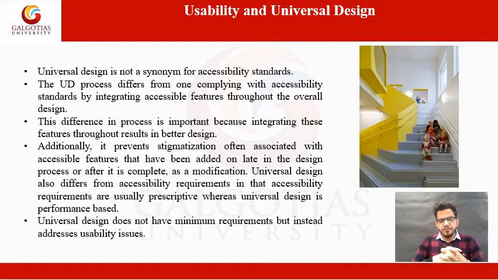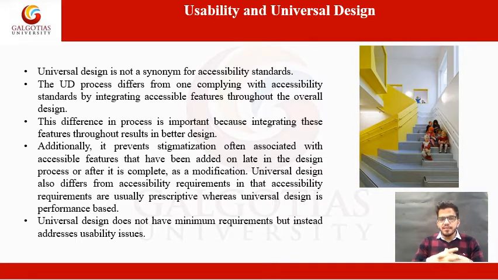So if we talk about usability and universal design, the relationship between usability is another feature of universal design. Universal design is not a synonym for accessibility standards. Though accessibility is a very important feature within universal design, universal design is a broader term.